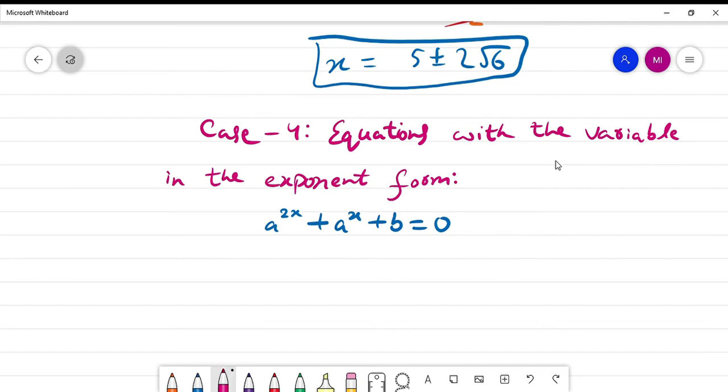All we're going to do is let a to the power x equal y, and then if we square on both sides, we get a to the power of 2x equals y squared.